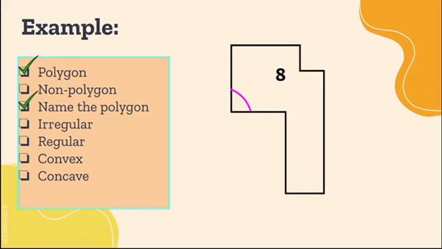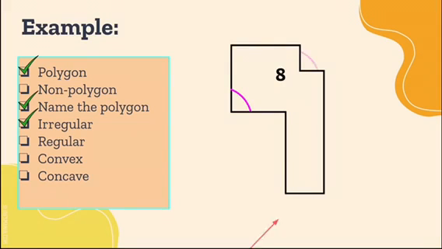Next, we'll figure out if it's irregular or regular. Remember, regular polygons have all the same length sides, while irregular have different side lengths. So I can see from this shape that all the sides are different, so we'll go with irregular. So we'll decide if this is convex or concave.